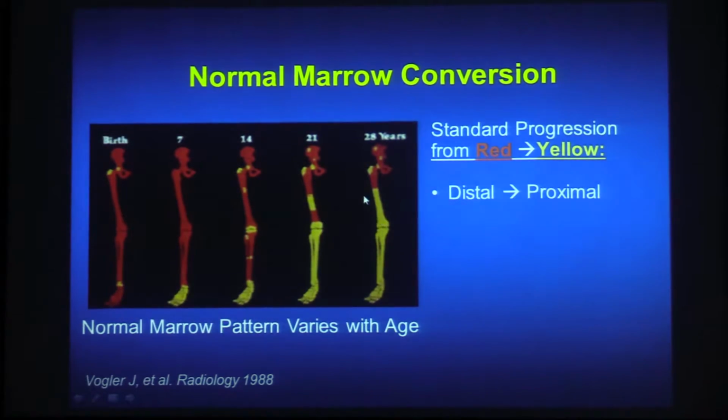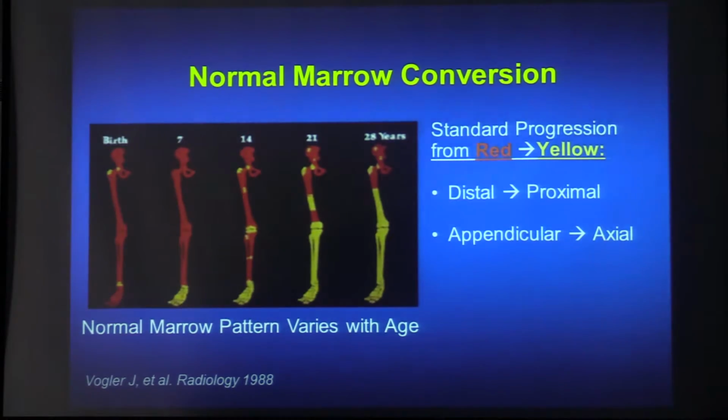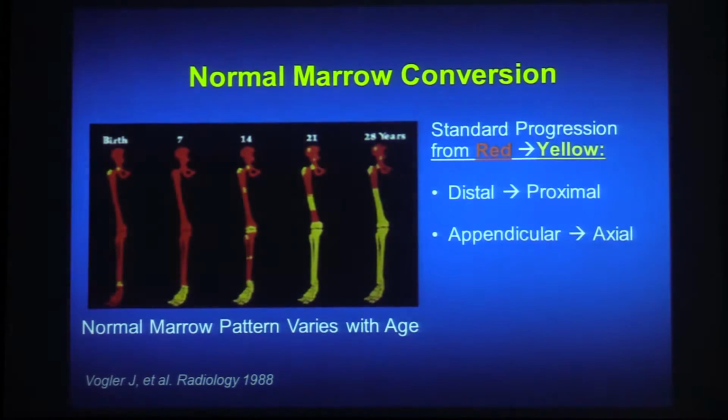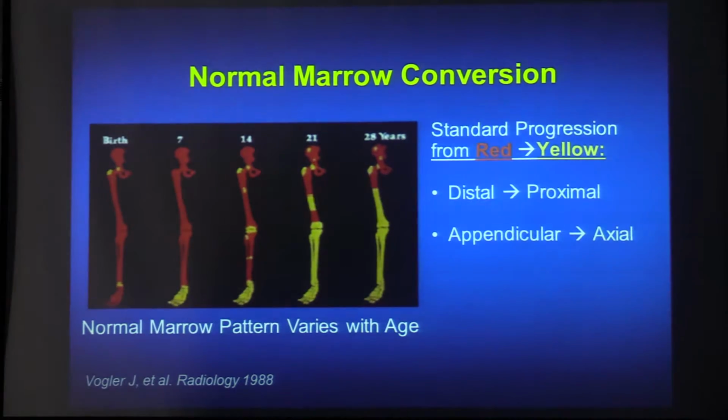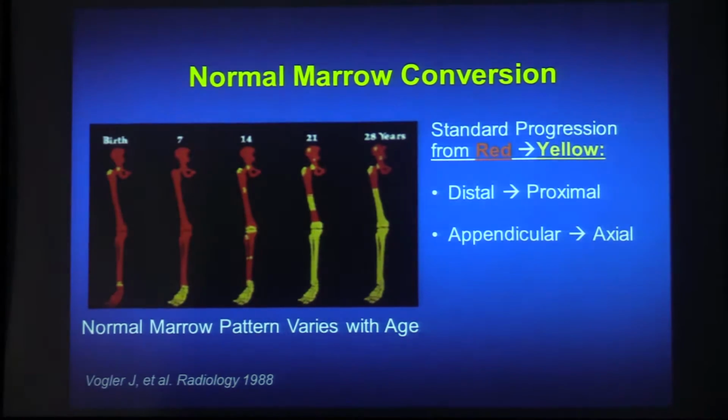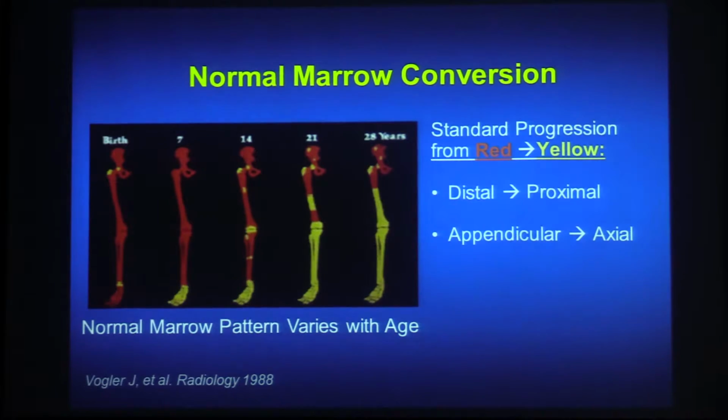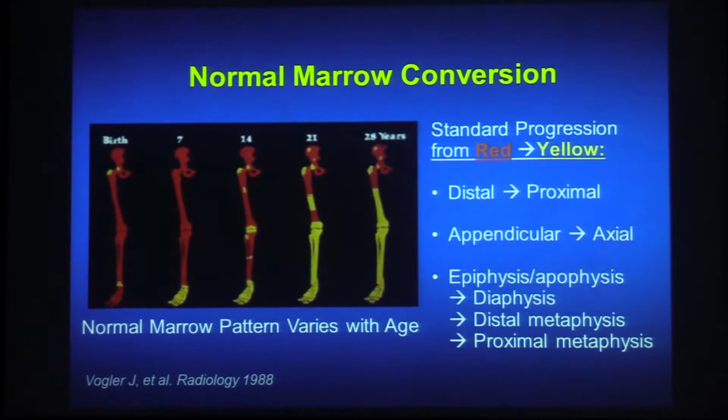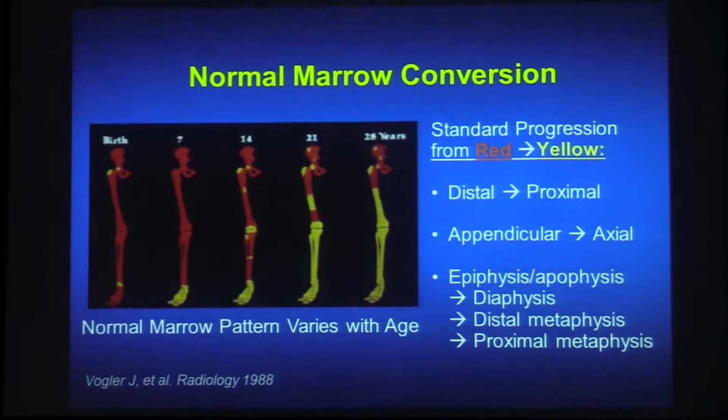So as this person gets older, you can see now the femur has more yellow marrow, and it progresses from appendicular to axial, so your limbs turn from red to fatty marrow earlier, and the axial skeleton converts over to fatty marrow later. And even within the bone, there's a progression.